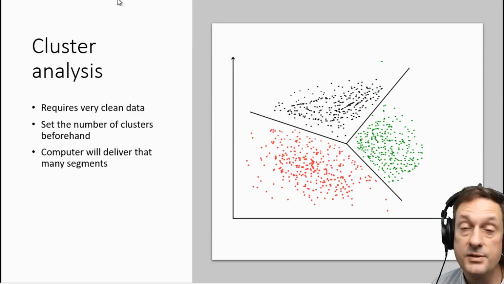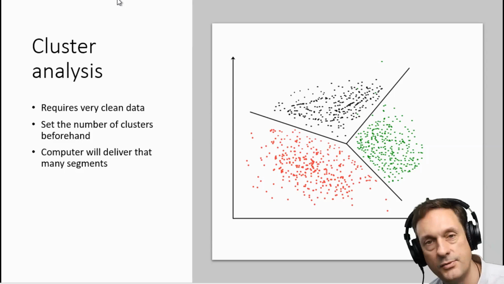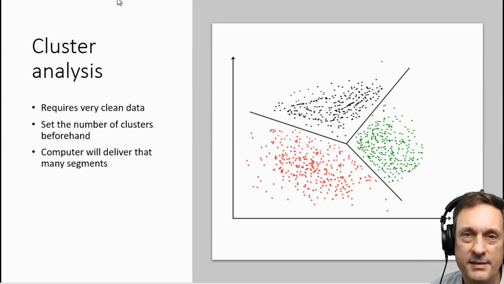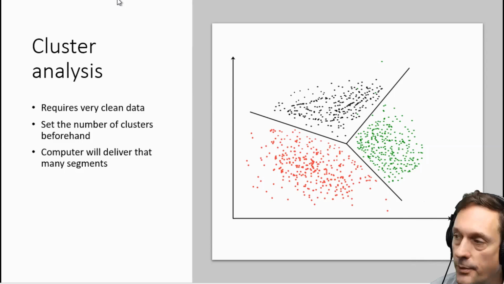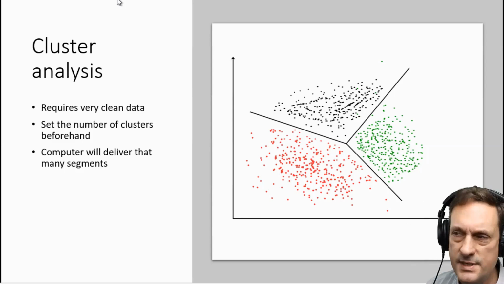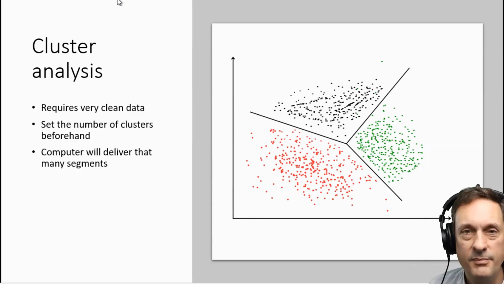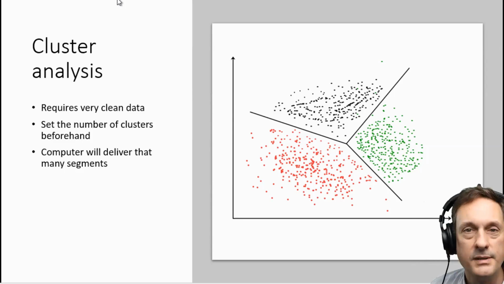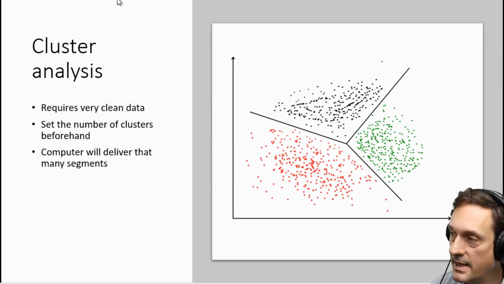So things like their demographics, things like their purchase history. Could be psychographics, probably more likely to be things like location and demographics though. And then you put it into the computer, and there's lots of different tools that do this. And you say, right, computer, give me 3 segments. And the computer goes and rips through all your data and gives you 3 distinct segments.